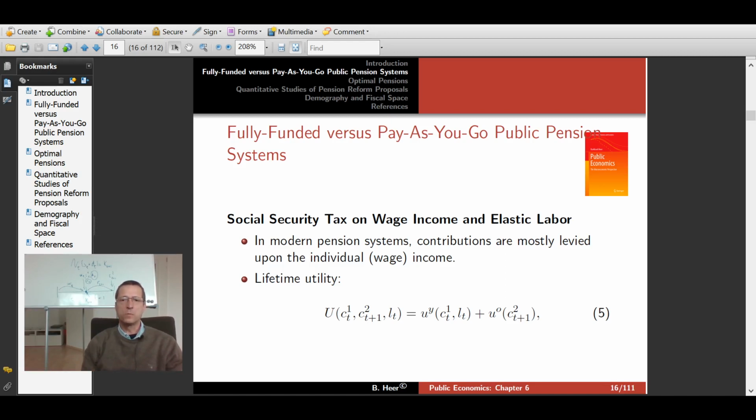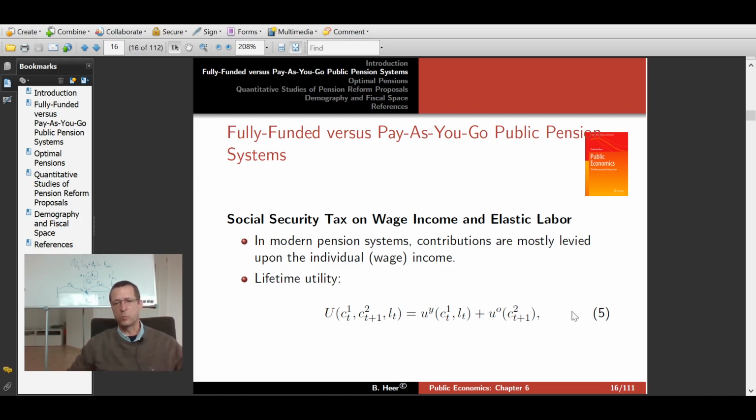So for this reason, assume that contributions are levied upon the individual wage income. Lifetime utility is, again, an additively separable function in utility at young age and utility in old age, U_Y and U_O. And the discount factor beta here is already taken care of by the function U_O.